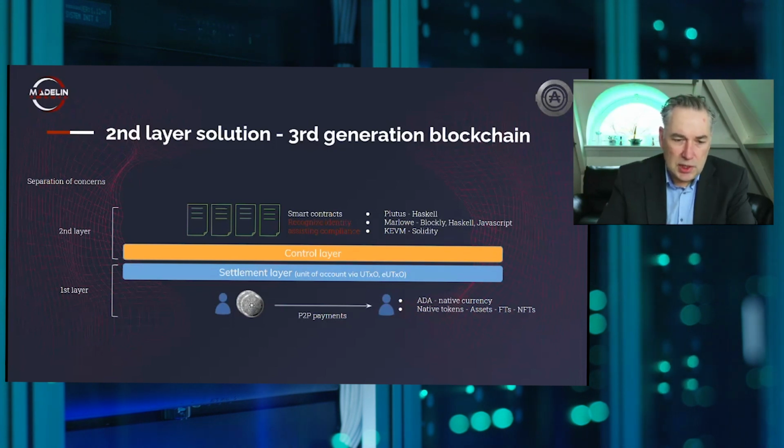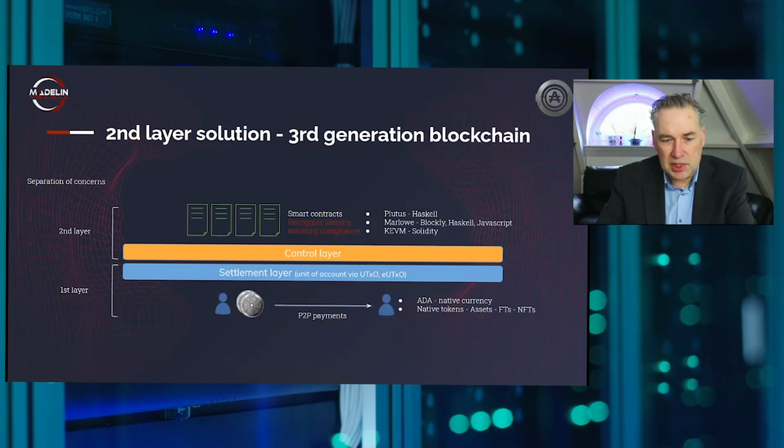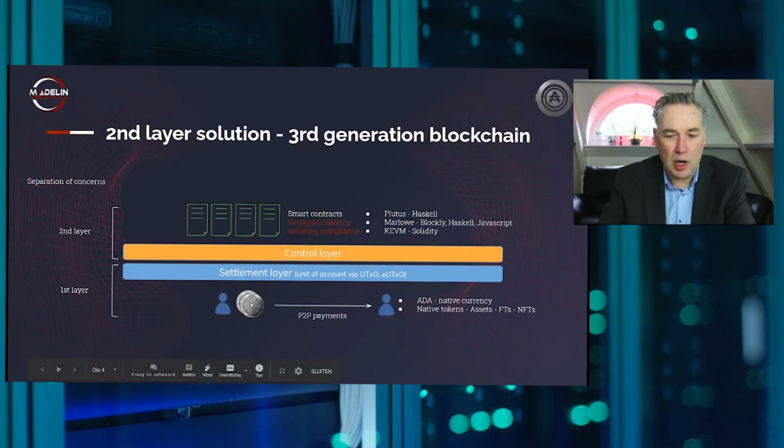As we can see in this overview, payments can be done between participants in a network on the basis of the native currency ADA or via native tokens or assets, fungible or non-fungible tokens. And the fees paid for executing the transactions are always paid in ADA.